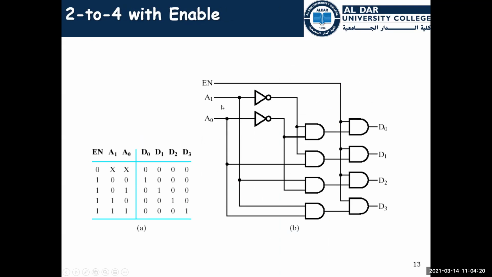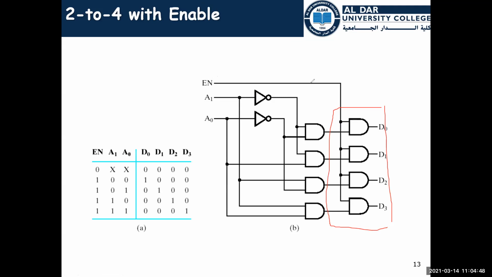We want to stop it. So we need an enable signal. The enable signal needs another four AND gates. So they are not part of the decoder. You can say these are extra AND gates, used to make the enable signal.